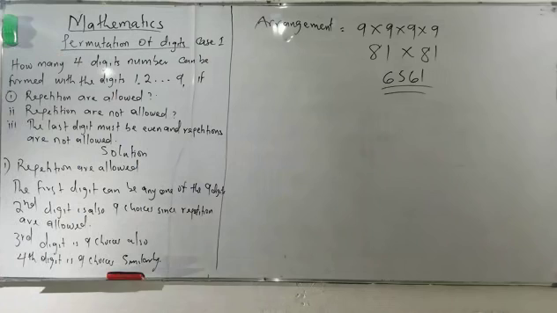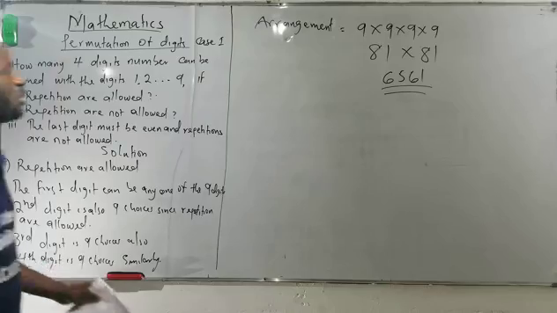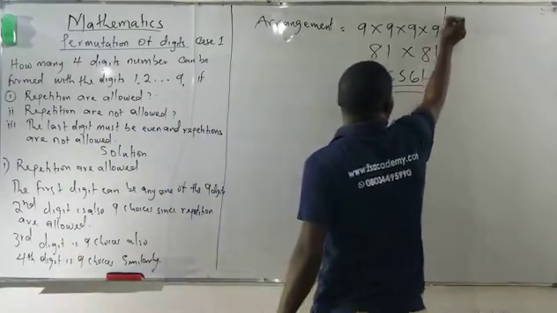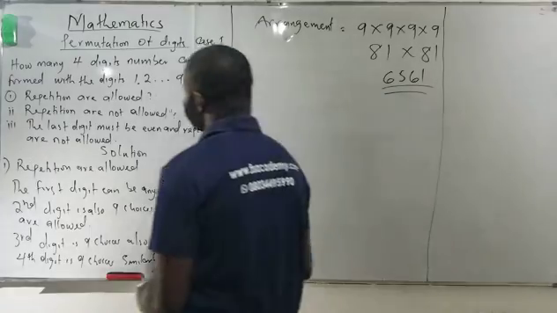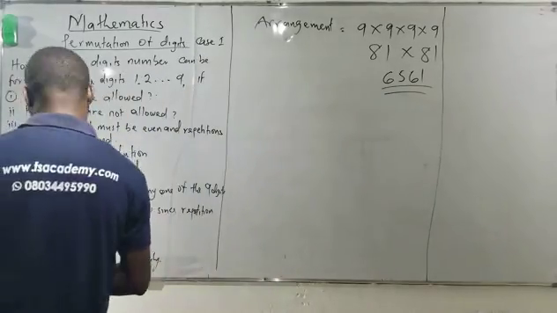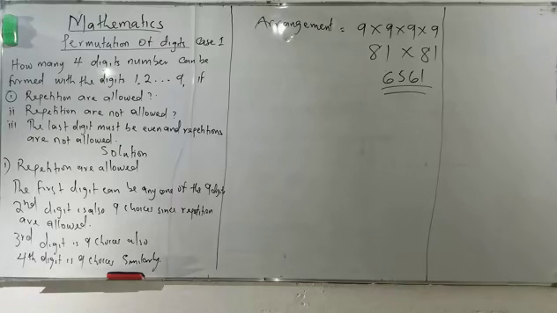The second question says that repetition is not allowed. Oh, the space I'm taking here is too much. The question has too many parts. Now, number 2, repetition is not allowed. If repetition is not allowed, the story will change.